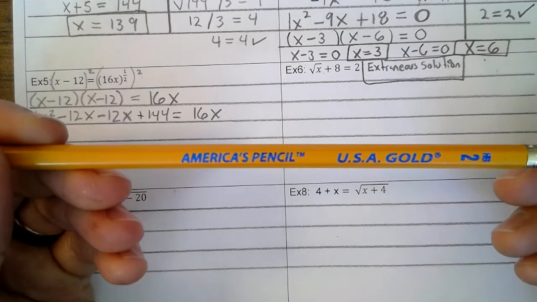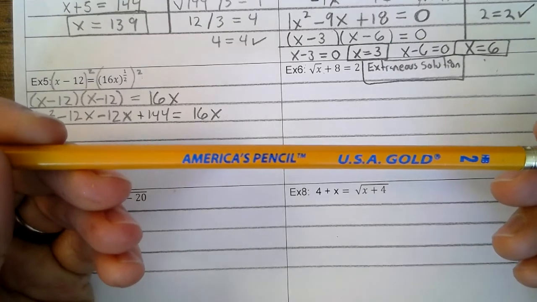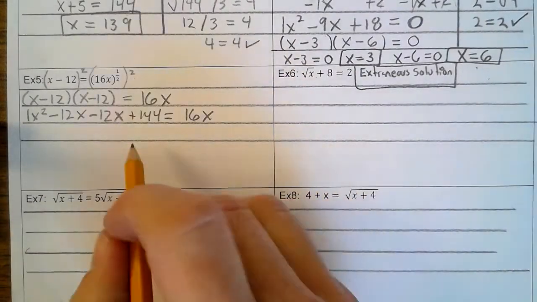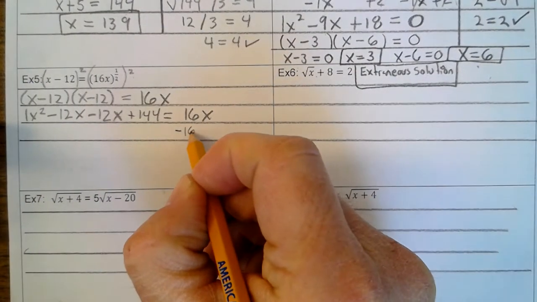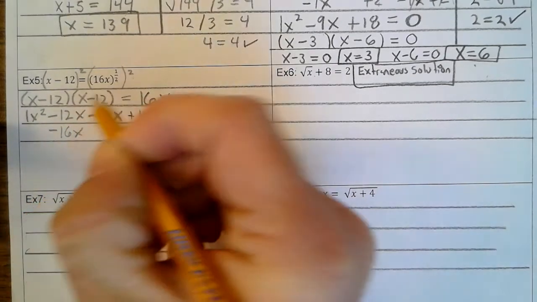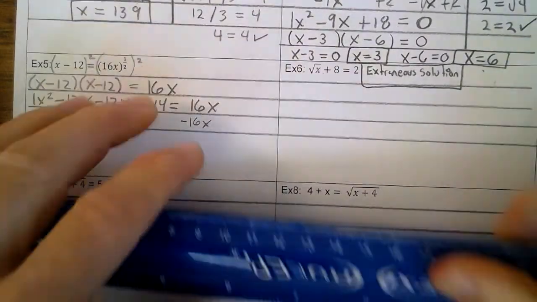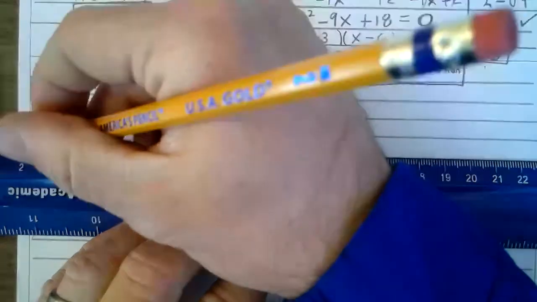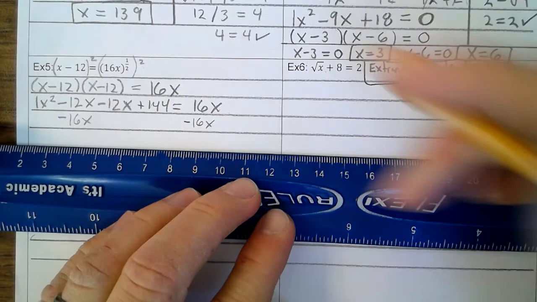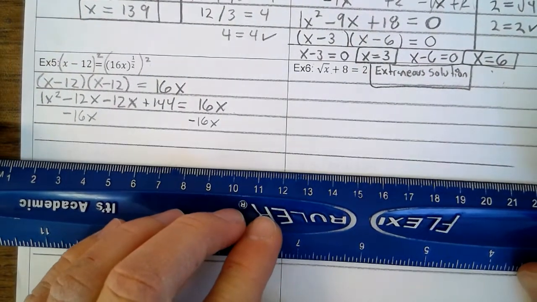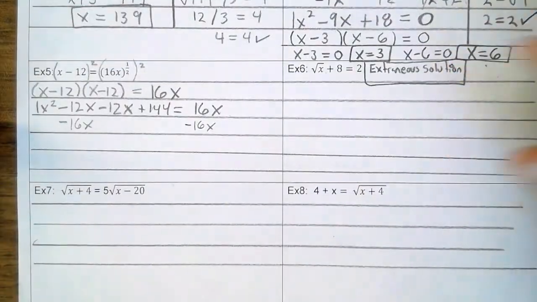All right, so we're going to subtract the 16x from both sides. And notice I put it with the other x's. Looks like we might need some more lines. All right, so that becomes 1x squared.